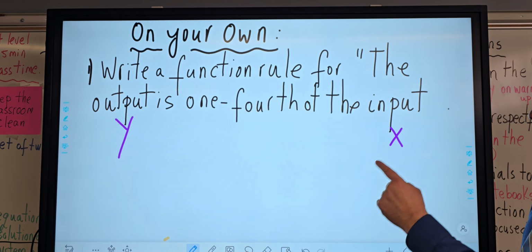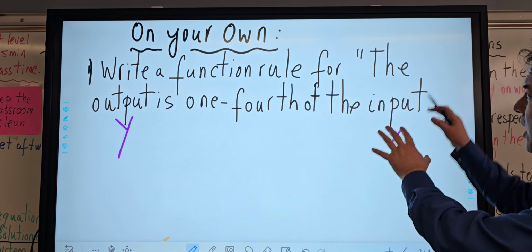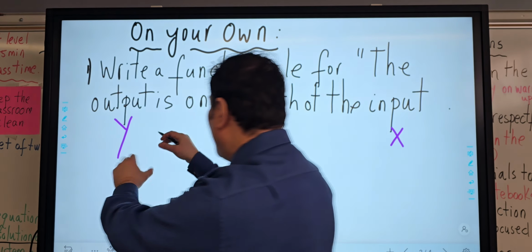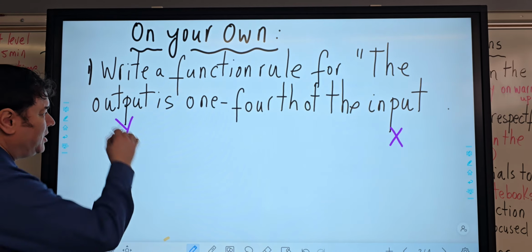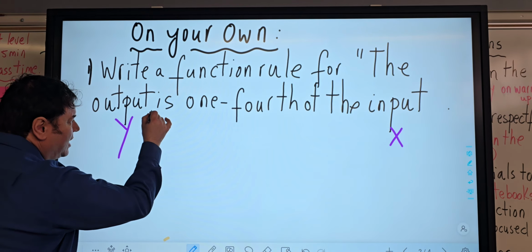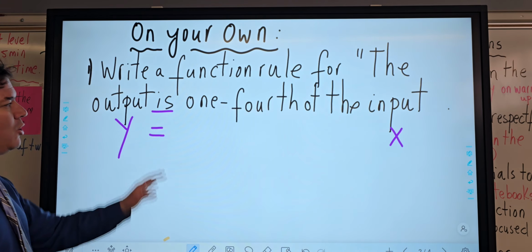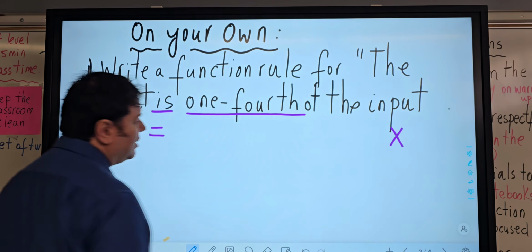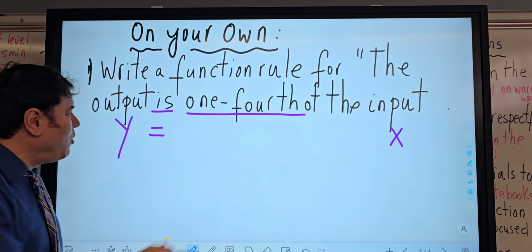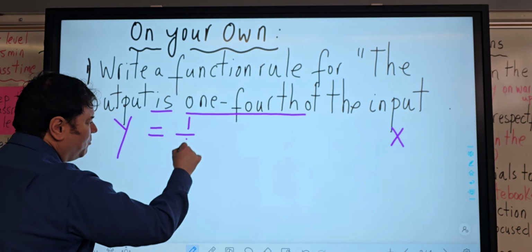Okay, again, a function rule for the output y, okay? Remember, y equals represents equals, so y equals 1/4. Remember, 1/4 is 1/4. Very good.